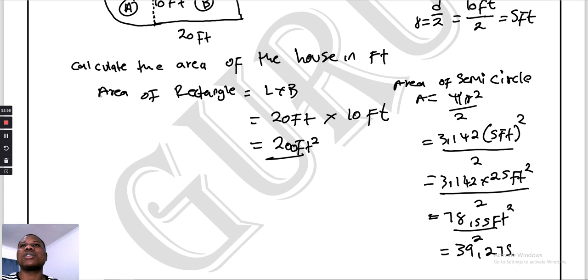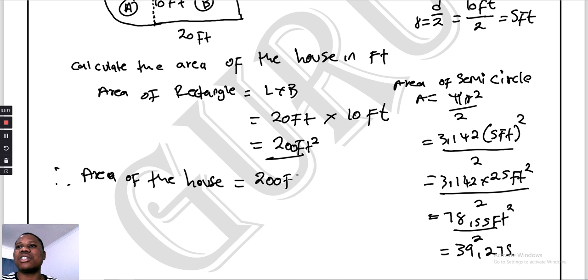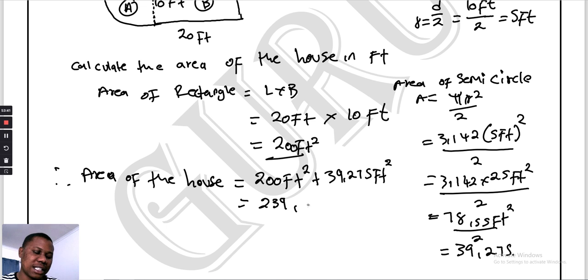Then we go back to calculate the area of the house. Therefore, the area of the house is equal to the area of the rectangle, which is 200 feet squared, plus 39.275 feet squared, which is equal to 239, let's round off to 2 decimals.